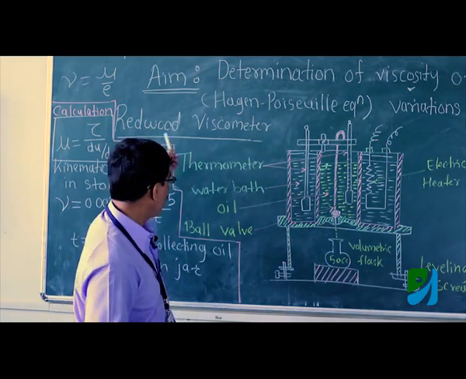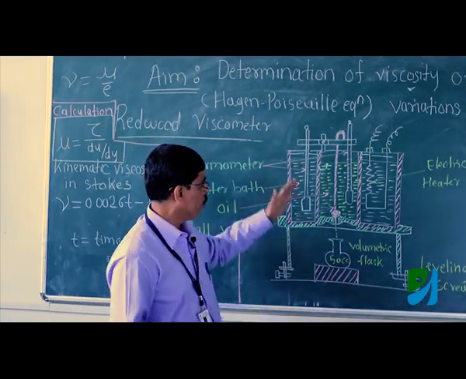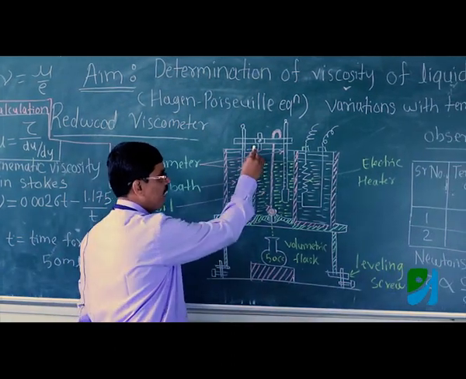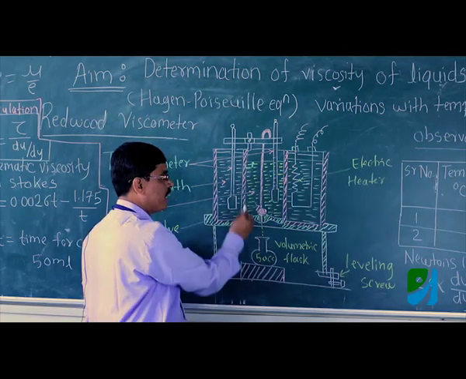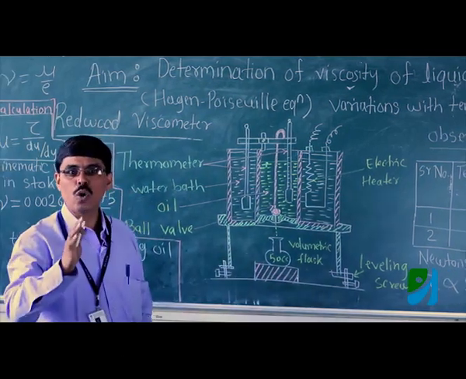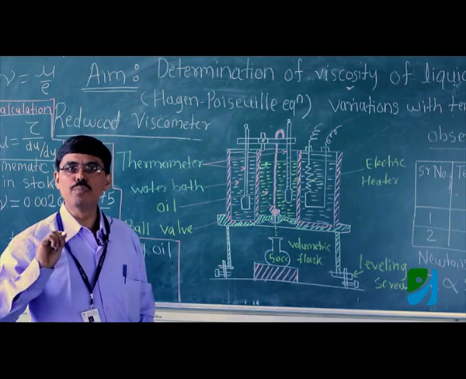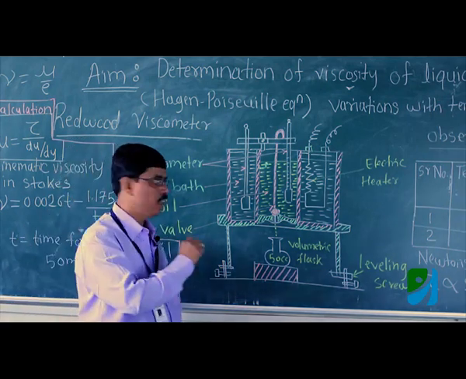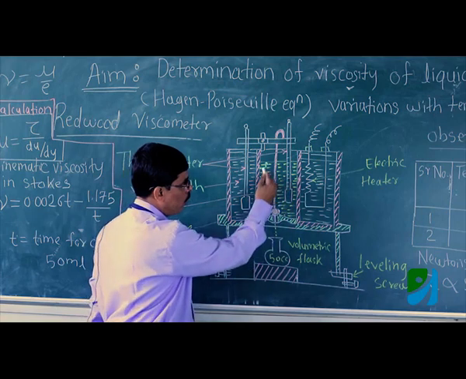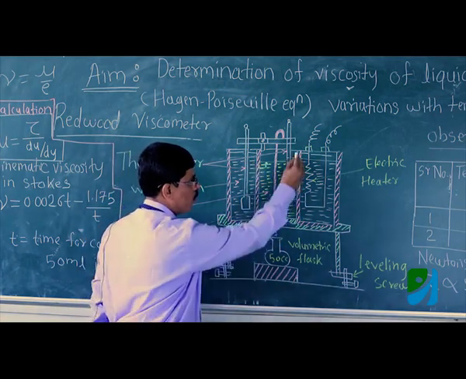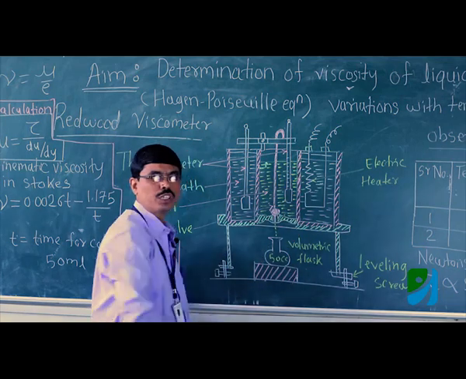I will explain now what a Redwood viscometer is. A Redwood viscometer consists of a vertical cylinder, also known as the oil cup, in which the oil whose viscosity is to be measured is filled. The yellow lines represent the oil, in the vertical cylinder in which the viscosity is to be measured.